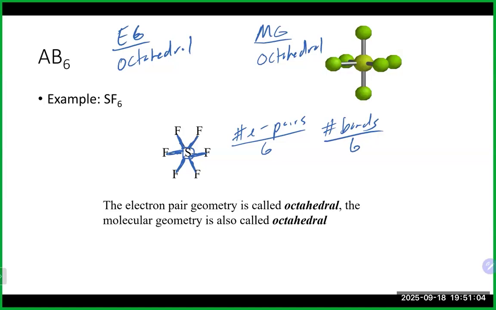And since they are bonded to those atoms, as they move, so do the electrons move with them, and the atoms move together. So you will always end up with the same name. So if you draw a Lewis structure and you have no dots on the central atom, both the molecular geometry and the electron pair geometry should be the same name because you have only bonding electrons present.